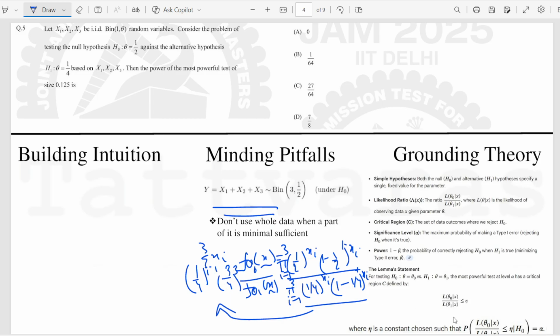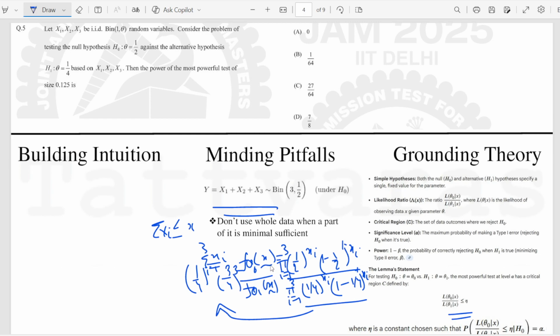If the likelihood ratio is to be less than or equal to something, it is the same as saying that summation xi is less than or equal to something, because there is going to be a one-to-one monotonicity based mapping between summation xi and the likelihood ratio.